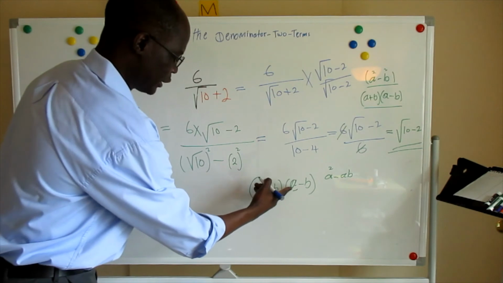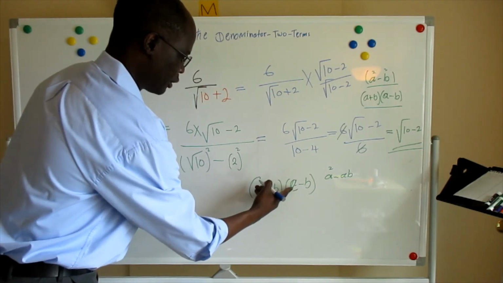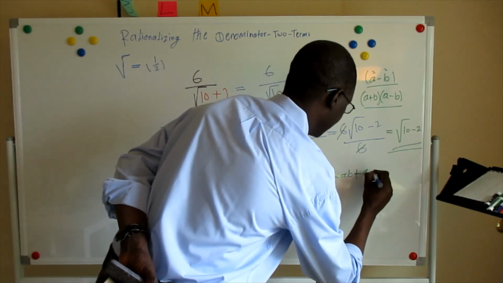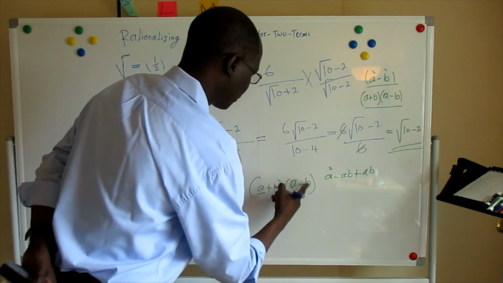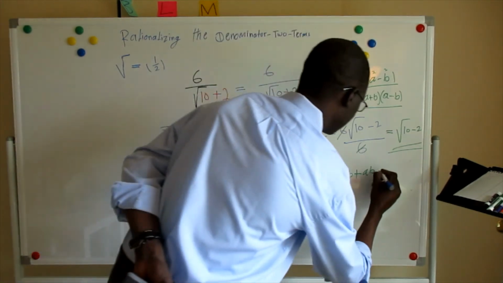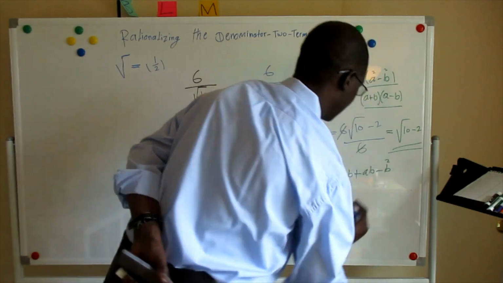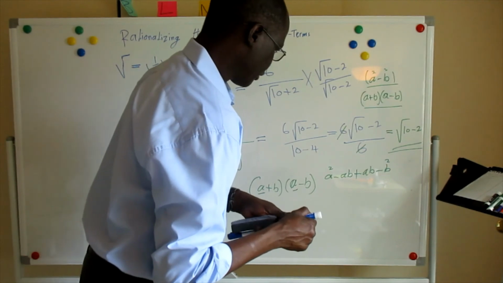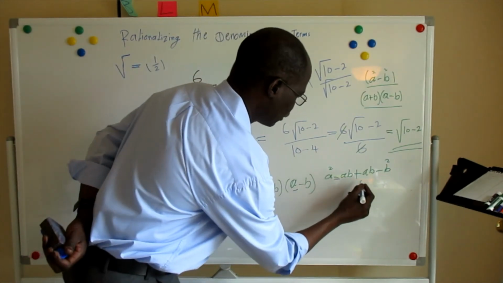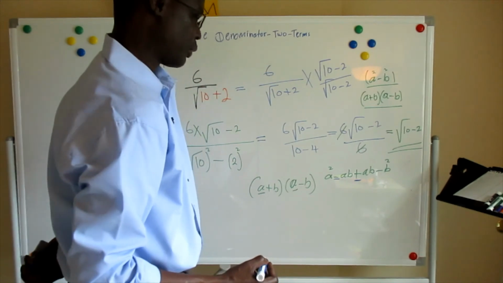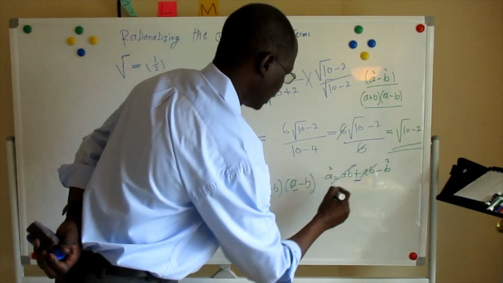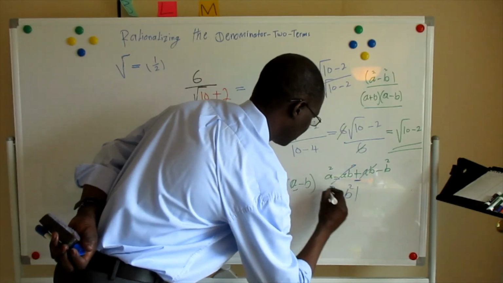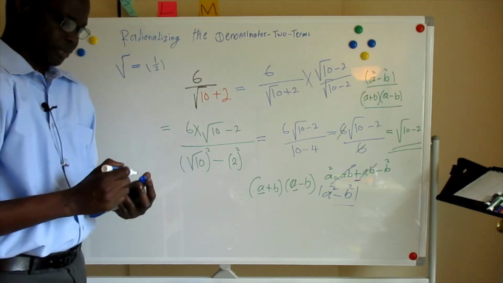B times A, you're going to get plus AB. And B times B, you're going to get minus B squared. This one was minus and this one was plus, so those two go away and you're left with A squared minus B squared. That's exactly what we did.